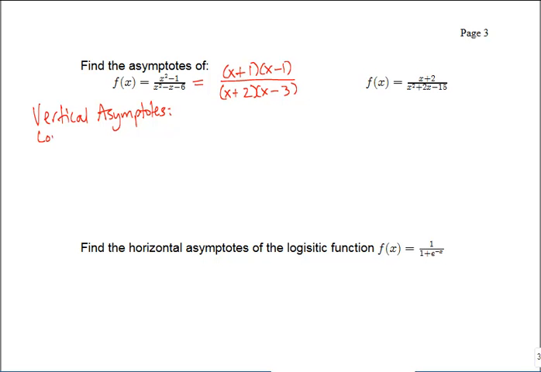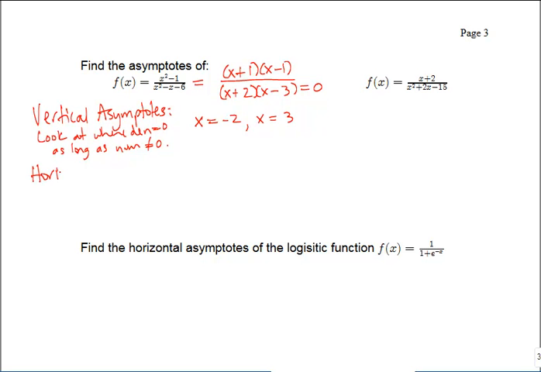So you need to look at where the denominator equals 0 as long as the numerator does not equal 0 there. So because we don't have any common factors on the top and the bottom, so nothing would cancel out, we don't have any holes, which means the places where this denominator is equal to 0 are going to be vertical asymptotes. x plus 2 equals 0 at x equals negative 2, and x minus 3 equals 0 at x equals positive 3. So those are my 2 vertical asymptotes.